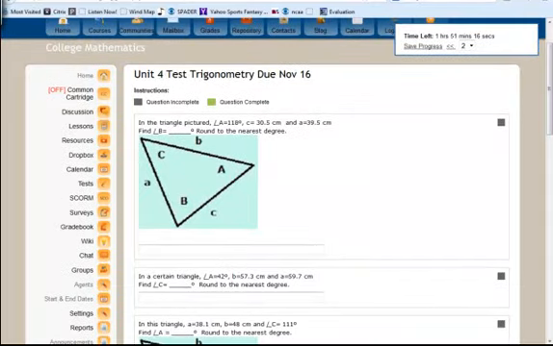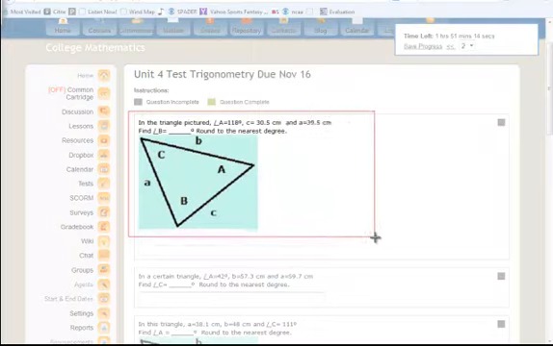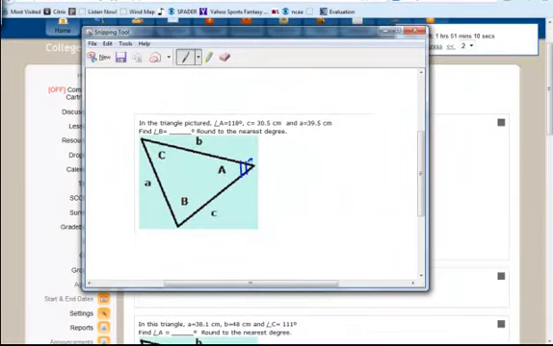Okay, A is 118 degrees, C is 30.5 degrees, A is 39.5 centimeters, and find B. Okay, well, you can't use the law of sines here because we have a side and an angle and two sides.